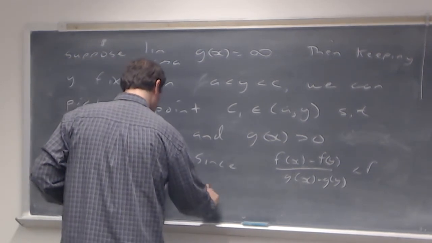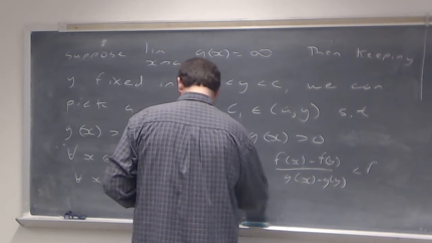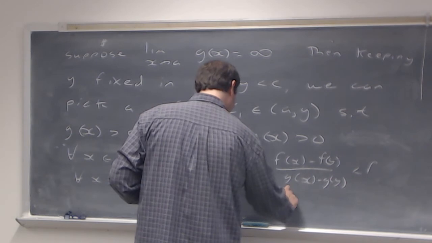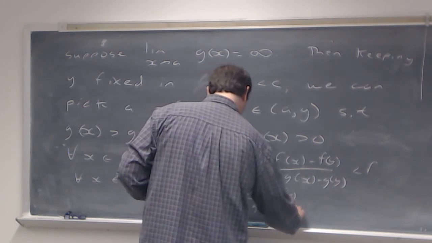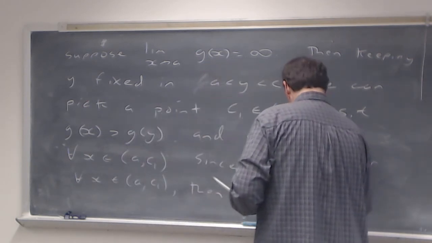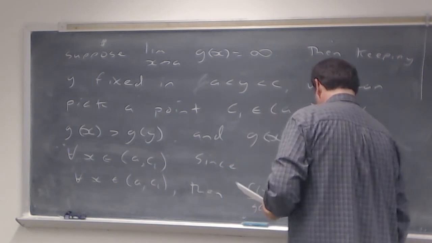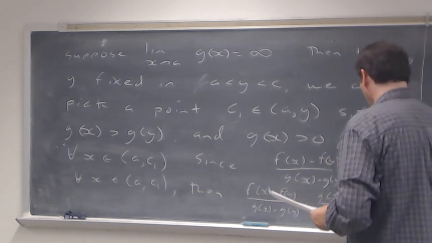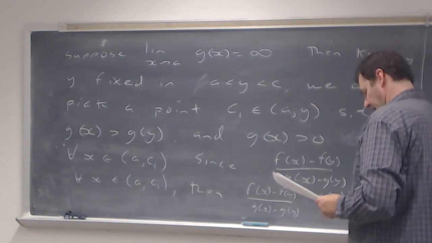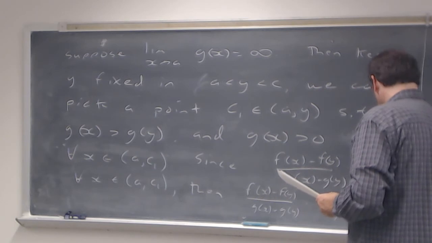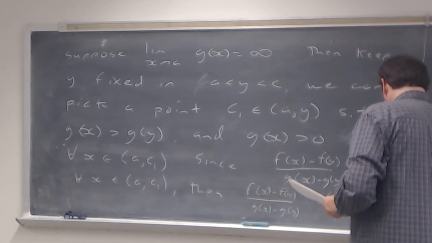Then f of x minus f of y over g of x minus g of y, times g of x minus g of y over g of x, is going to be less than r times g of x minus g of y all over g of x.